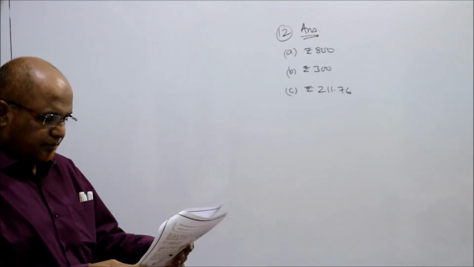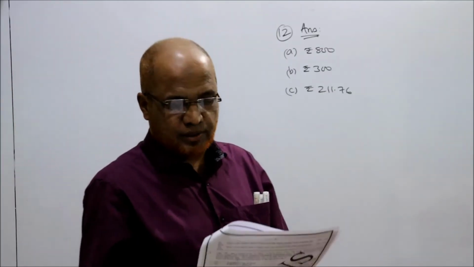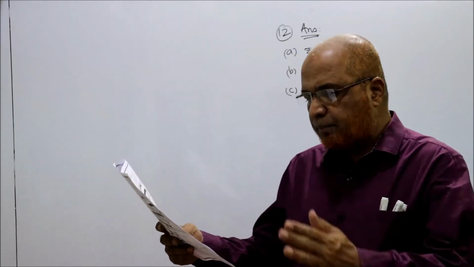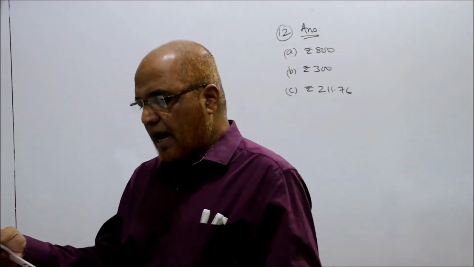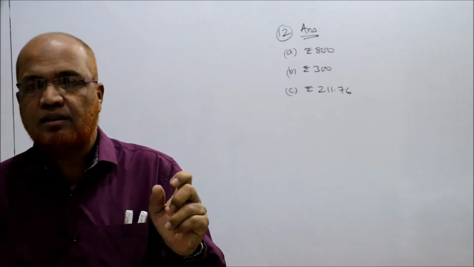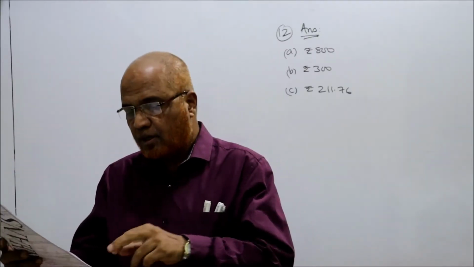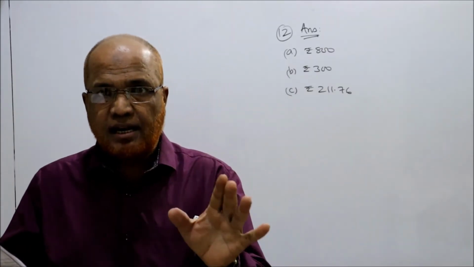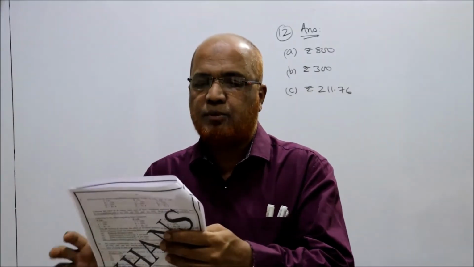Now 13th problem. Problem number 13 you see. Following information related to three companies A Limited, B Limited, C Limited. EPS 10 rupees for all the companies. Capitalization rate of equity. Rate of equity means KE. So KE are 10% for all. IRR, internal rate of return, 15%, 10%, 8%.